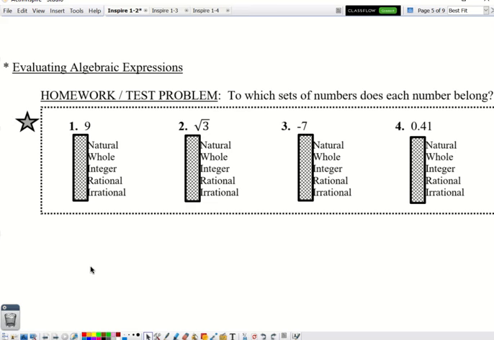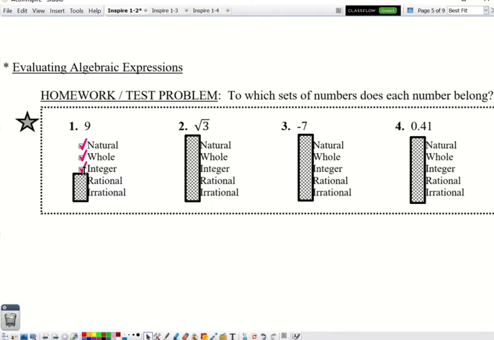So, types of homework or test problems. To which sets of numbers does each number belong? And you can check off more than one box. It's not like we want you to check off only the most specific. Like if I wanted to be the most specific for what kind of number 9 is, I would say natural. But 9 is also a whole number.